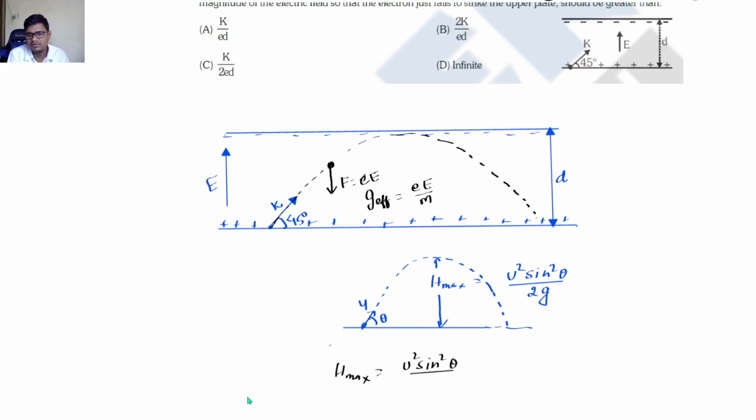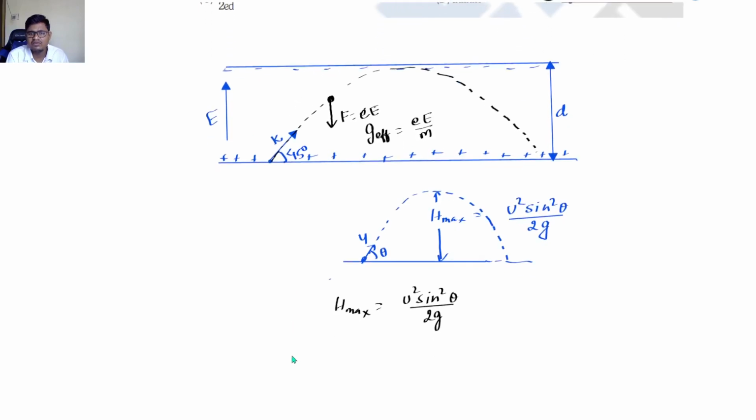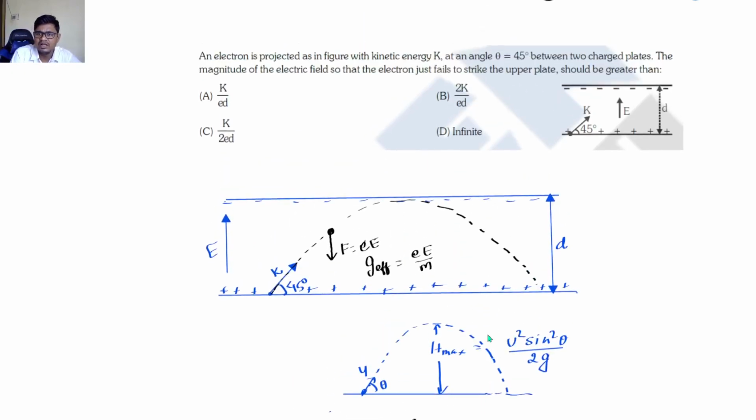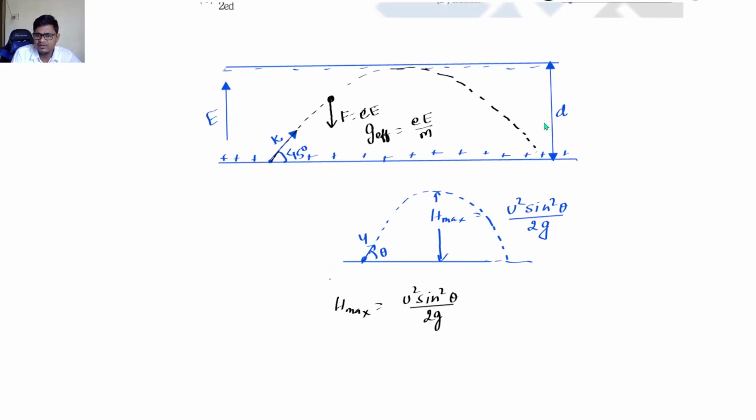The question says the electron just fails to strike the upper plate, so H max should be less than or equal to D. H max is u square times sin square 45 degrees, since it is projected at 45 degrees, divided by 2 times eE by m. This should be less than or equal to D.